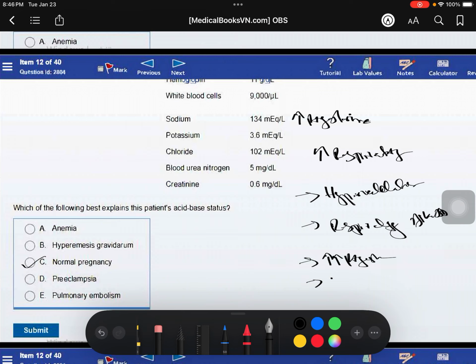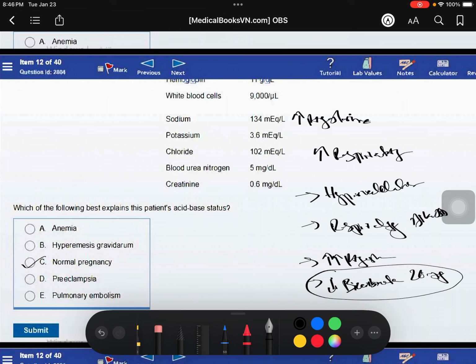But the body will compensate. How does the body compensate? The body will compensate by metabolic means. It will lower the bicarb concentration in the serum. As we can see here, the bicarb concentration is 20 milliequivalent per liter, but the normal is 22 to 29 milliequivalent per liter. So this is a normal physiological change during pregnancy.